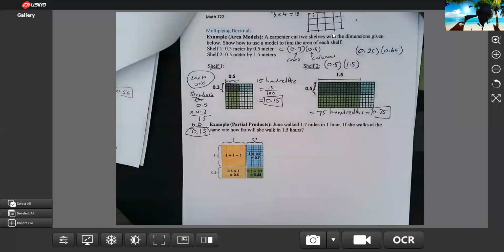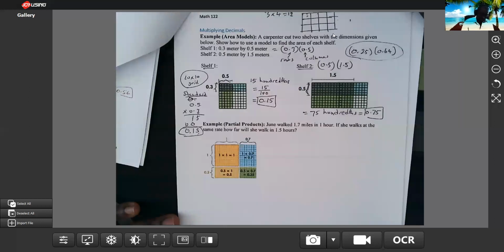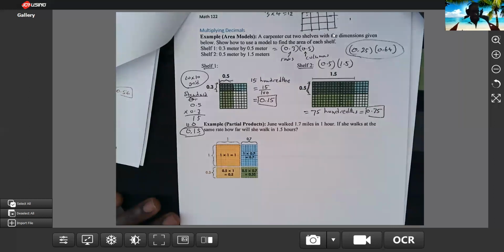So when it comes to the area model, you can use that, but when the numbers are bigger, you have to be careful, because if you multiply this, you're going to have ten-thousandths, and in the grid, you're going to have 100 by 100. That's why you have to be careful with that.